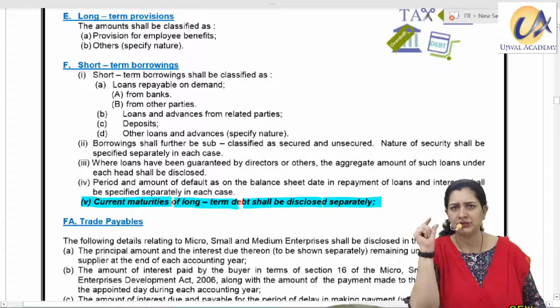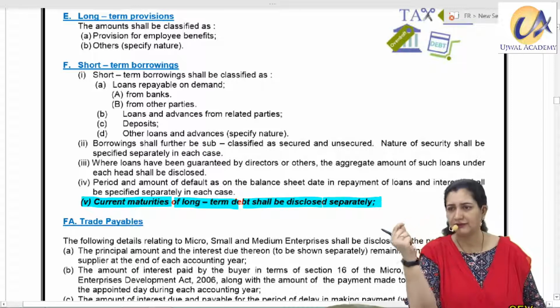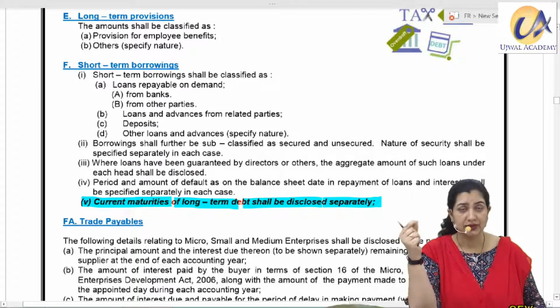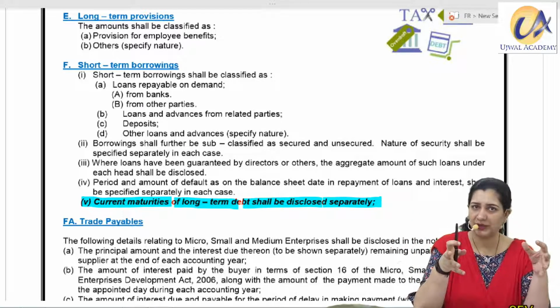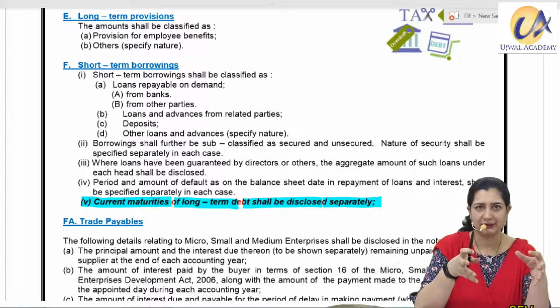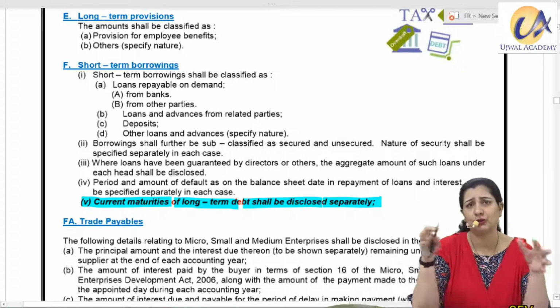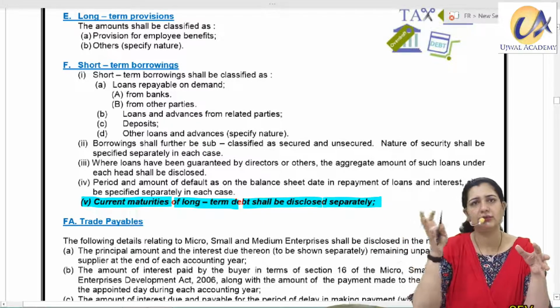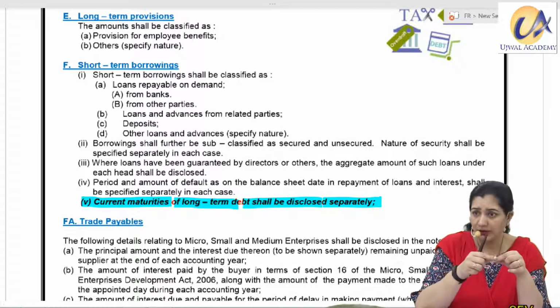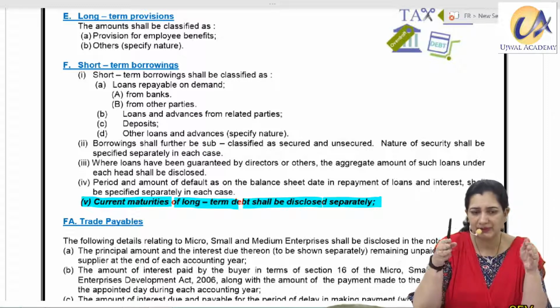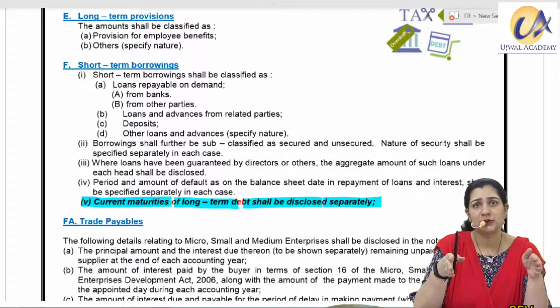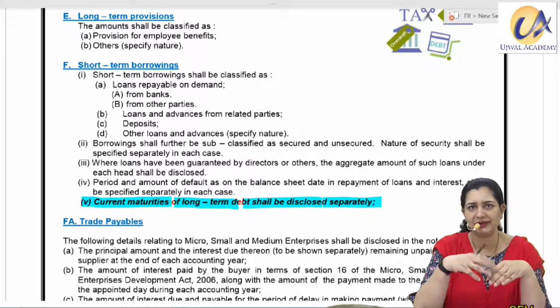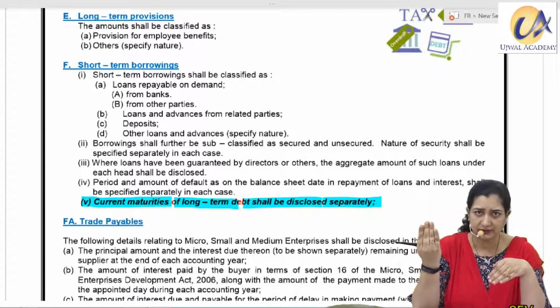What is this current maturity of long term debt? Now, whenever we have got long term loans, the amount which is payable within 12 months, we show it under current liabilities. So even if I have got a 10-year loan, say from HDFC, whatever amount of installment principal amount is payable within 12 months, I used to show it under current liabilities, and the remaining we show under non-current.